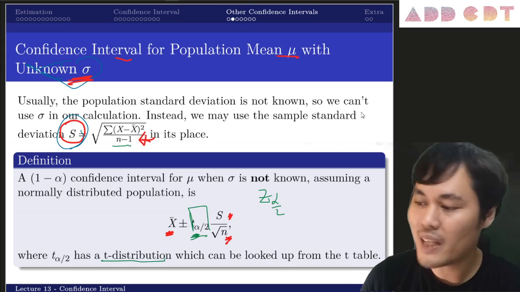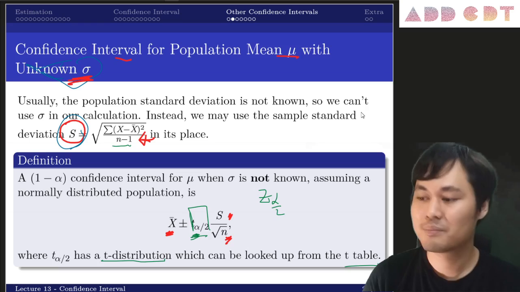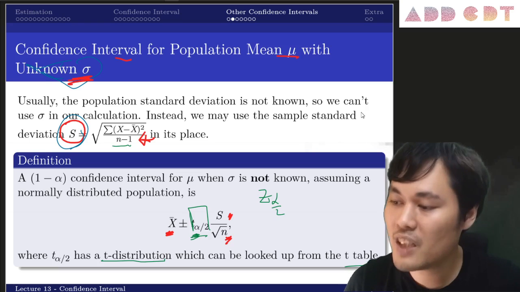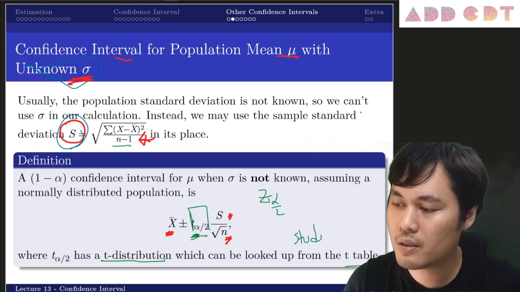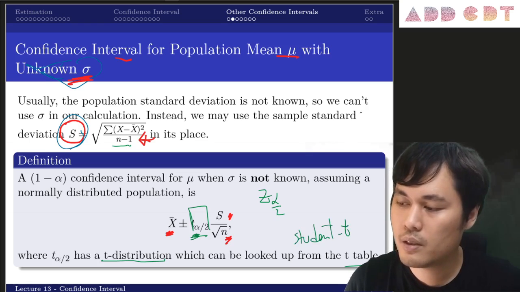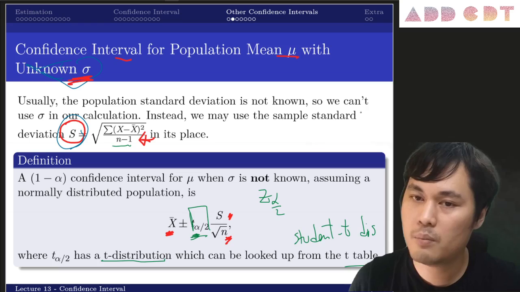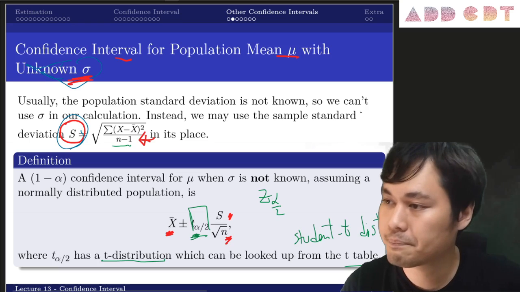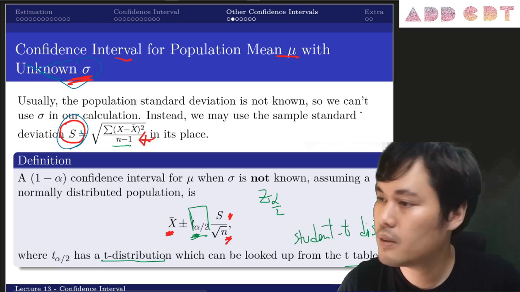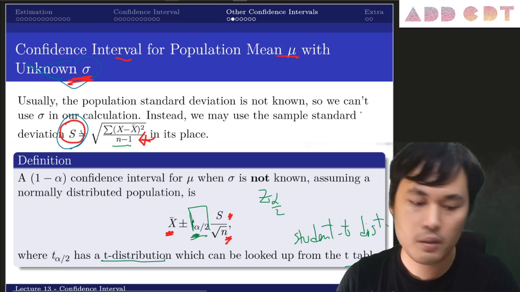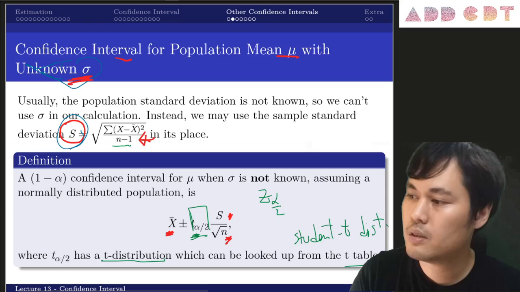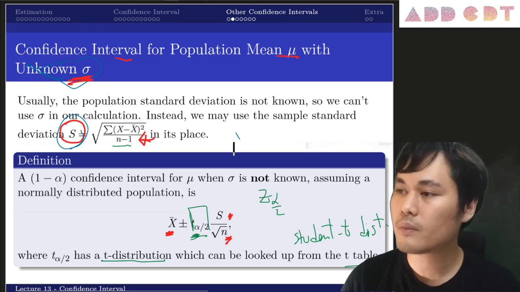How can we find that? We can find that from the T table. The full name of this is actually the Student T distribution, known as just the T here.